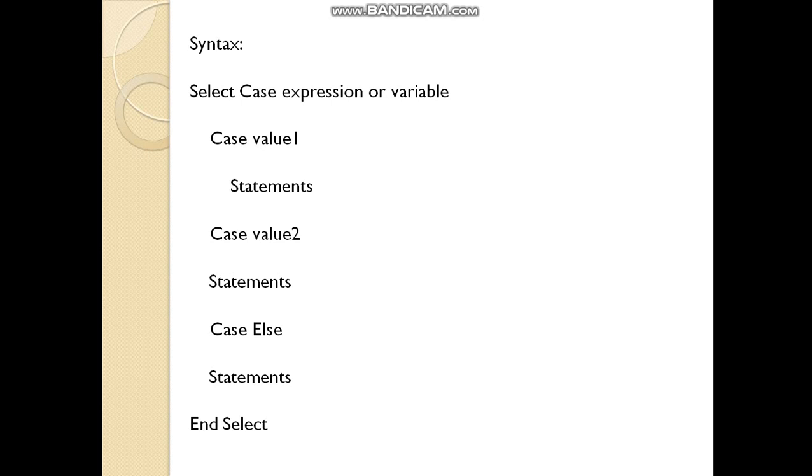Case value 1: if the expression or variable matches case value 1, the statements under case value 1 will be executed. If it matches case value 2, the statements under case value 2 are executed. If it doesn't match case value 1, case value 2, or case value 3, then case else is executed.